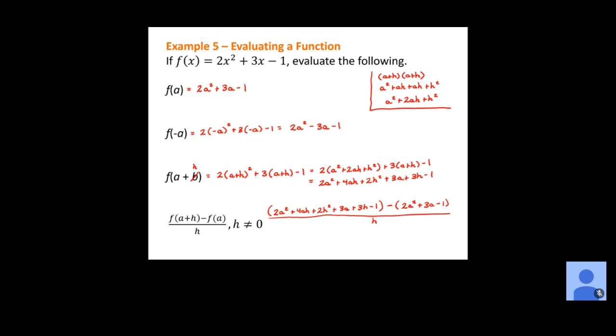All right, now we need to combine like terms. Now keep in mind here, this minus is going to get distributed to every single term in here. So if we start combining like terms, what's going to happen?